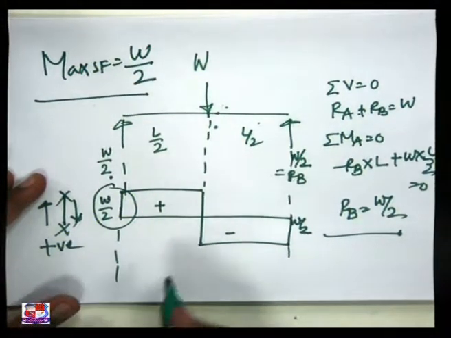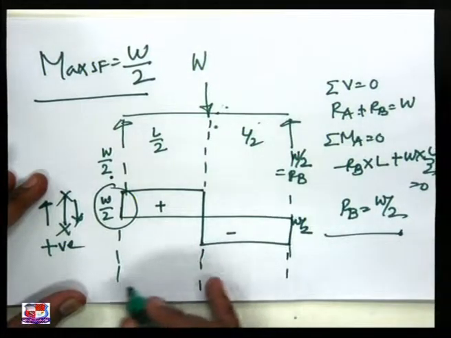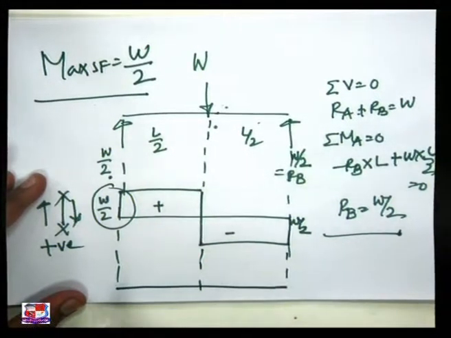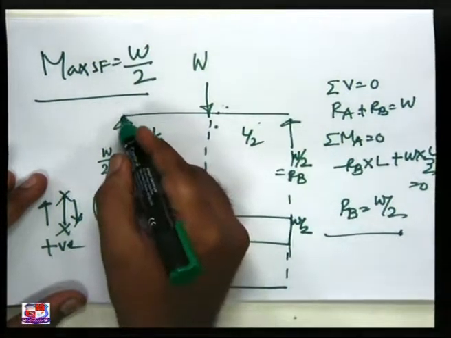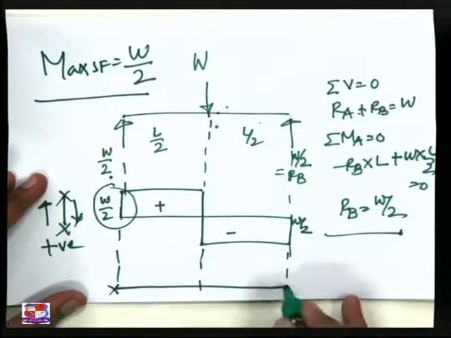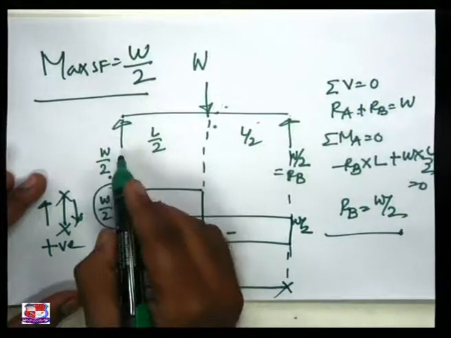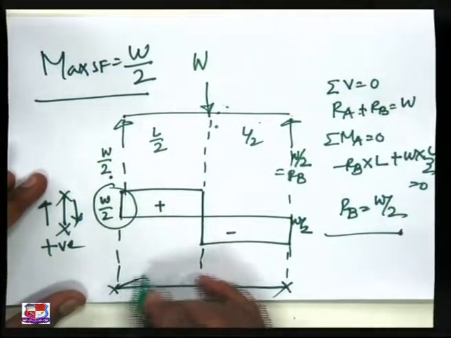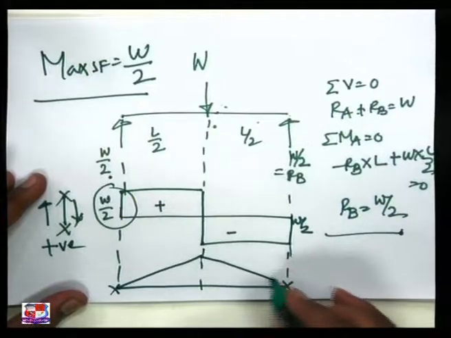Now, next. This is the baseline. The value of bending moment is 0 at the two supports. W by 2 into L by 2 is WL by 4.